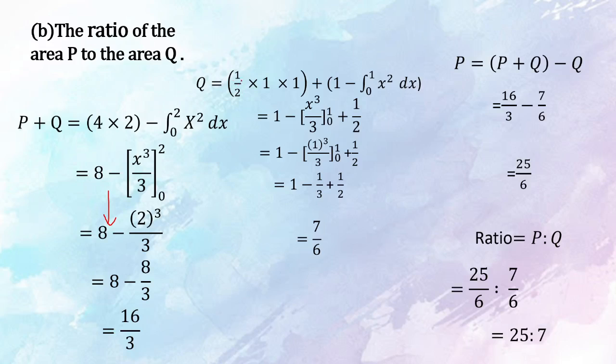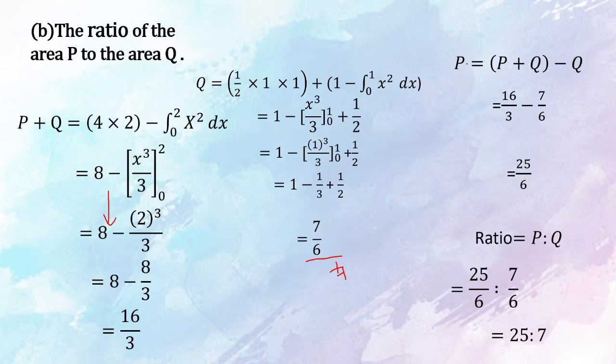we're going to have to take 1 over 2 times 1 times 1 plus 1 minus integration 0 to 1 x squared dx, and then equals 1 minus x power 3 over 3, 0 to 1 plus 1 over 2, and then this will give us 1 minus 1 power 3 over 3, 0 to 1 plus 1 over 2, and then it will give us this equation, which is 1 minus 1 over 3 plus 1 over 2, and equals 7 over 6.